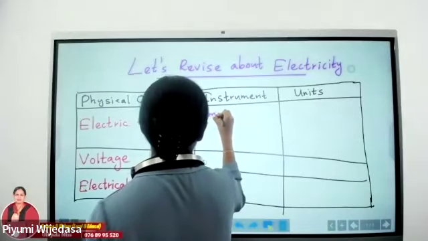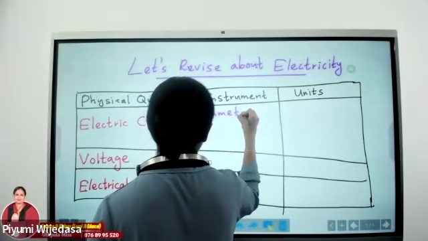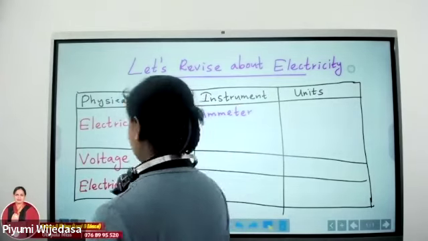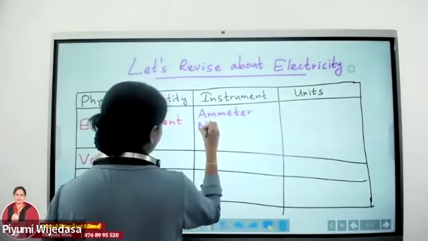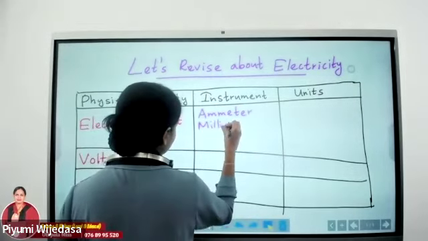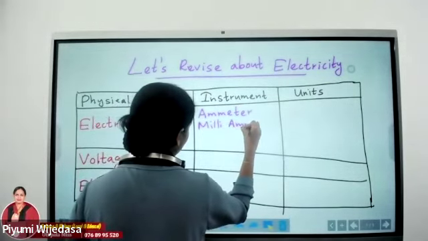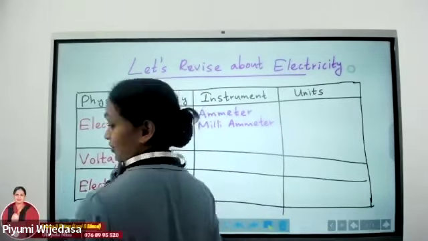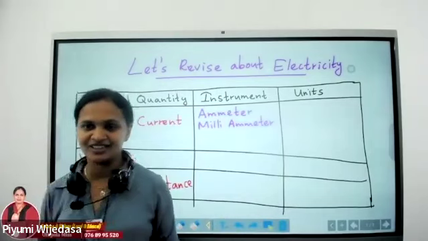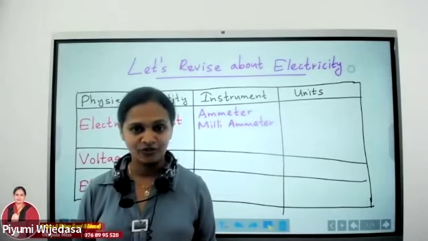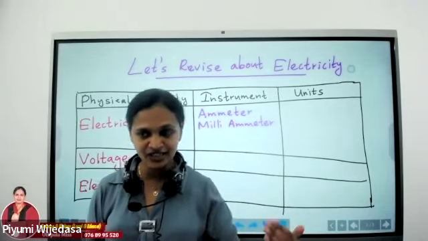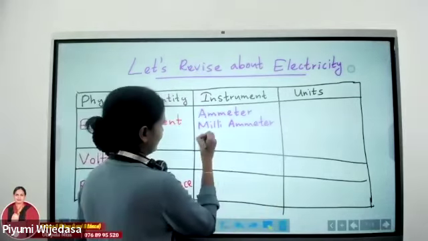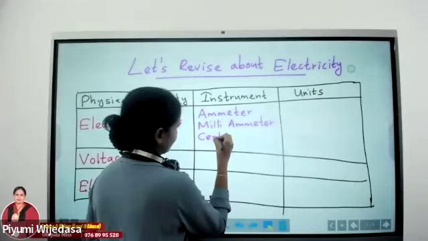Yes, ammeter. Milliammeter. If it is a small electric current, we can use the milliammeter also. And if we need to measure a small electric current as well as find the direction of the flow of current, we can use a center zero galvanometer as well.